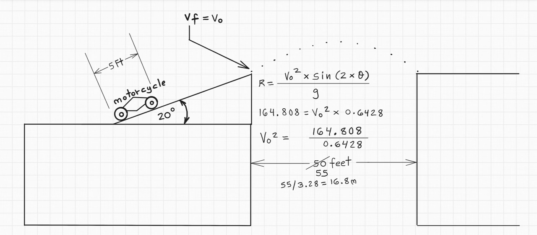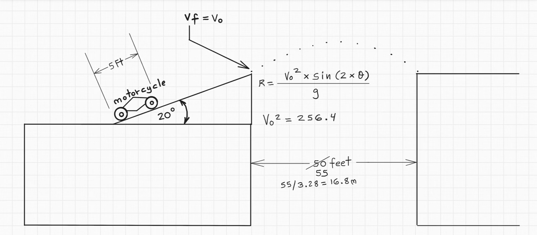So we then get 256.4, and then we can find the square root of both sides to get rid of V0 squared. So that's just the square root of 256.4. So that's 16 meters per second is the minimum launch velocity of the motorcycle that's required.